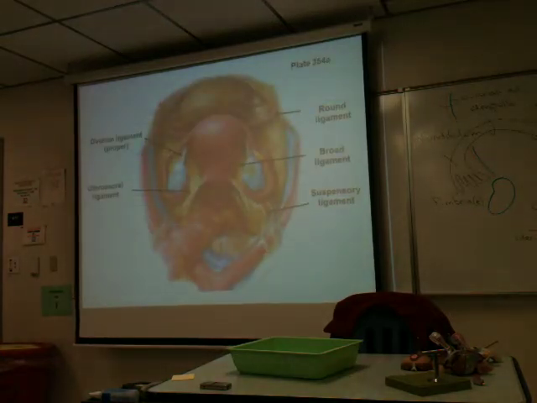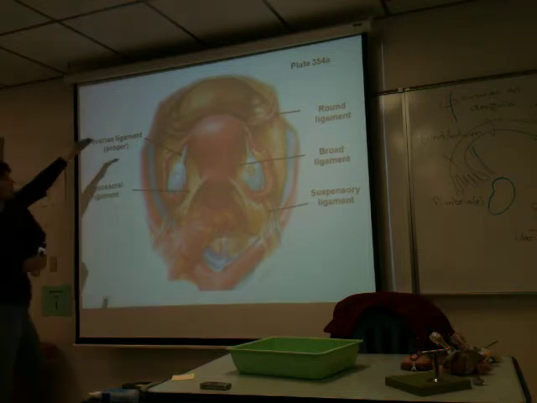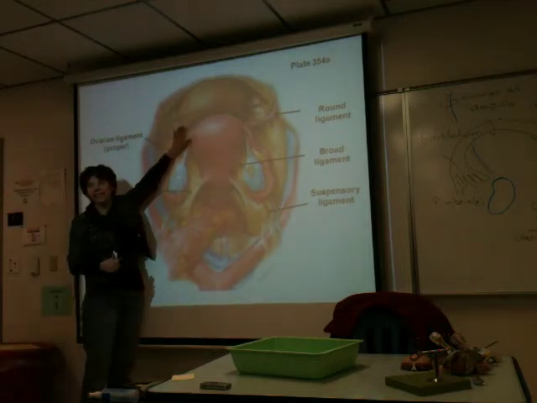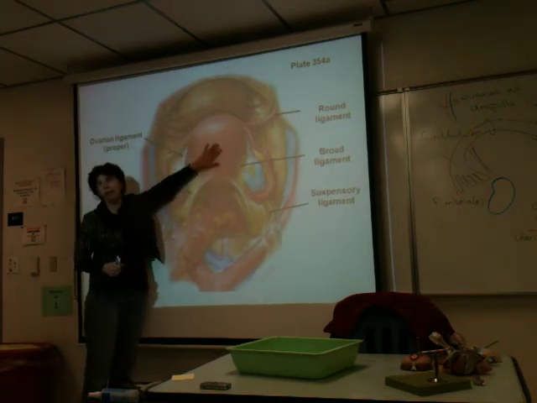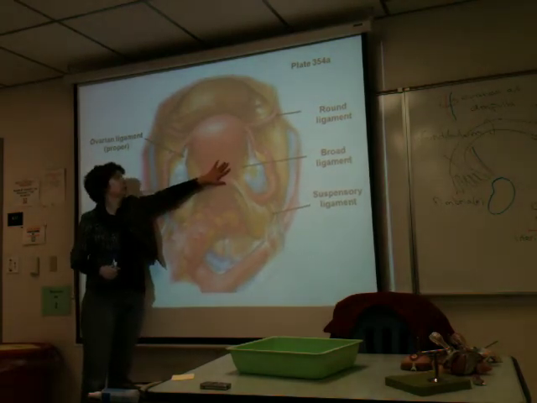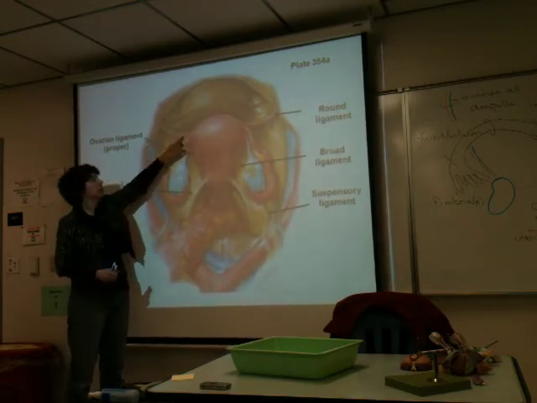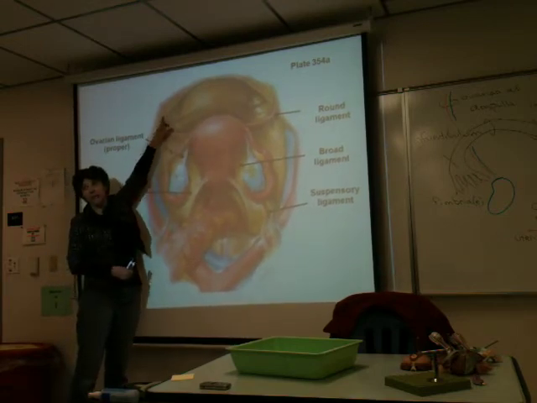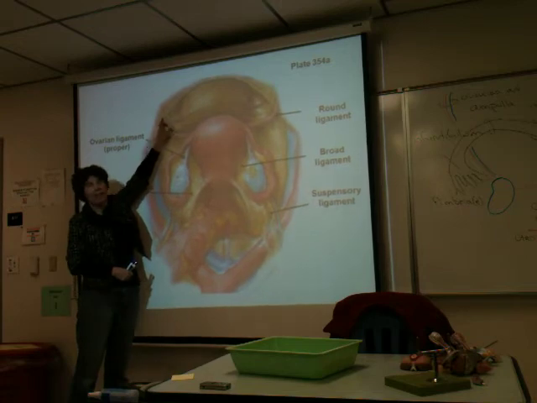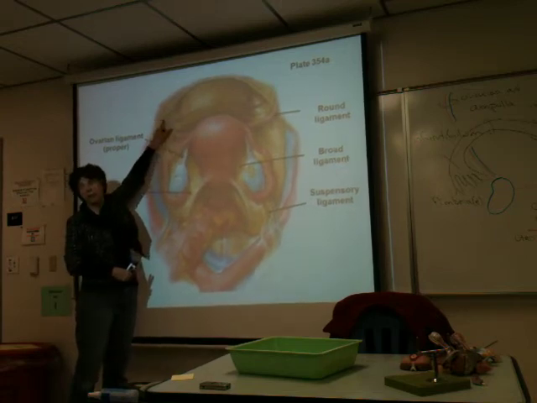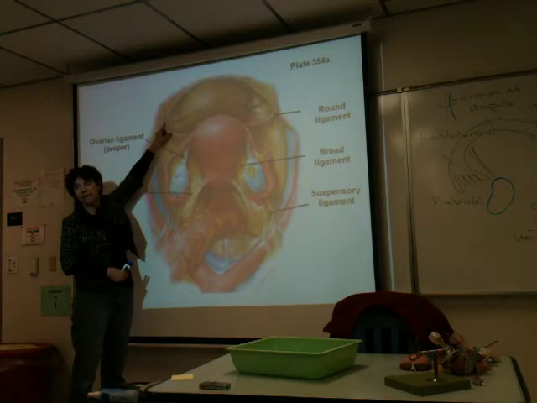Right here. So this is from Netter's. All right. This would be anterior because here's the bladder. And so you're looking at the perimetrium here. Here's the round ligament passing forward. So this would be the deep inguinal ring as the round ligament is going into the inguinal canal.